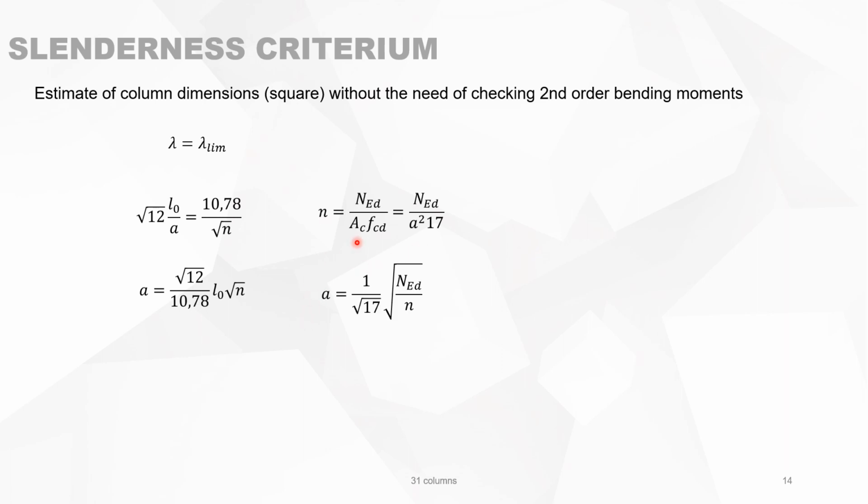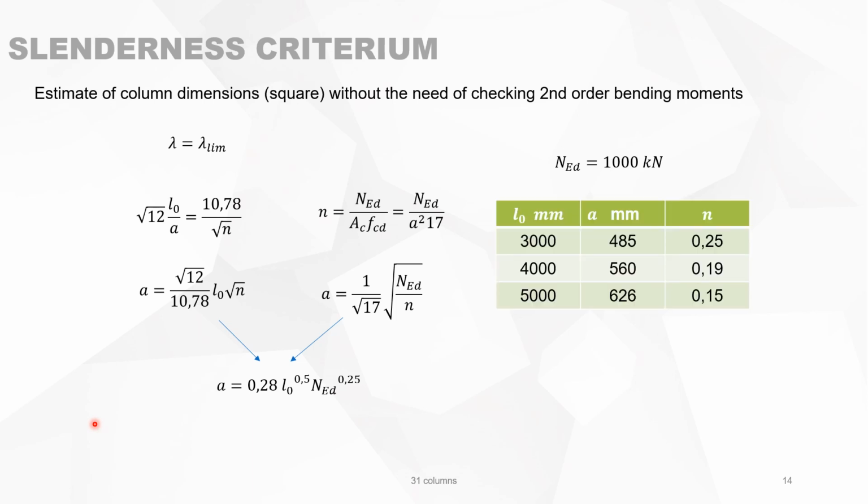So from this is the condition for slenderness, and this is the condition for strength. We have two formulas for a, and when you combine those two, you see that the size of the column must be equal to 0.28 L0 to the power of 0.5 and the normal force to the power of 0.25.